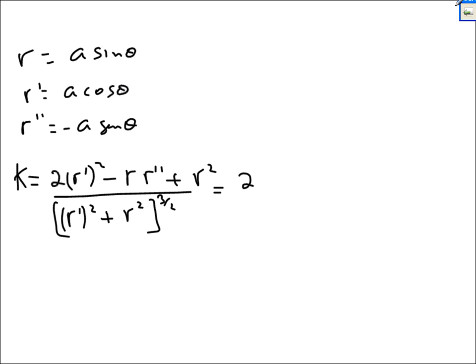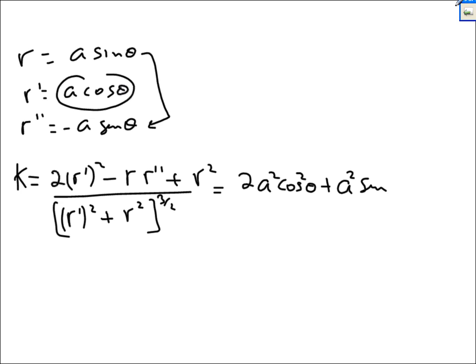Well, 2 times r prime squared will be a squared cosine squared theta, minus the product of those 2. But that product is negative, so it becomes plus a times a sine theta times sine theta, plus r squared, which is a squared sine squared theta.